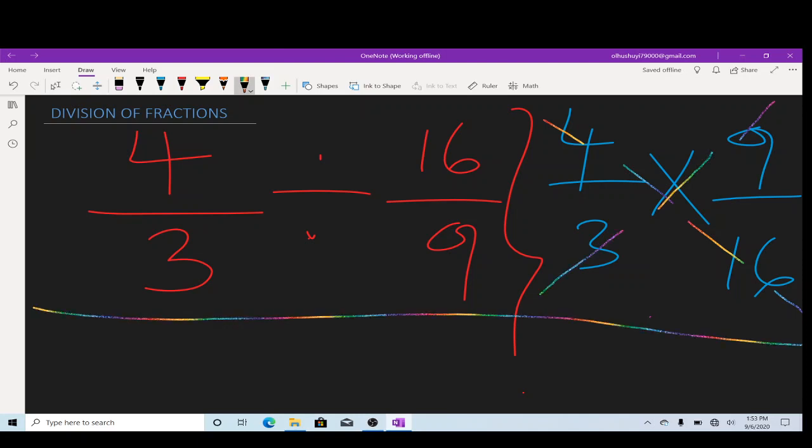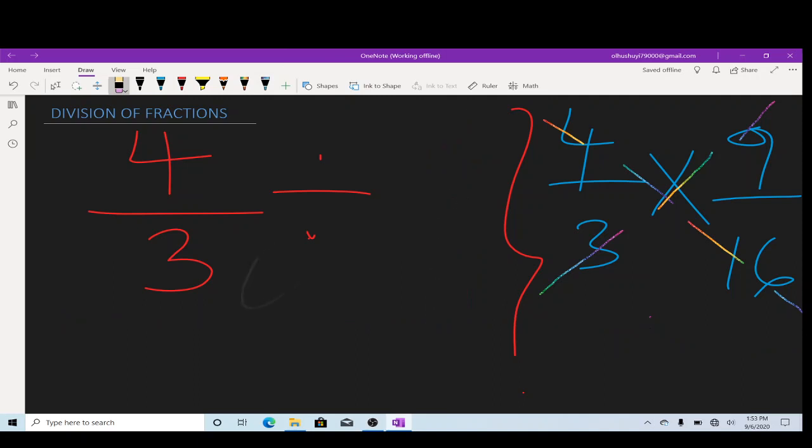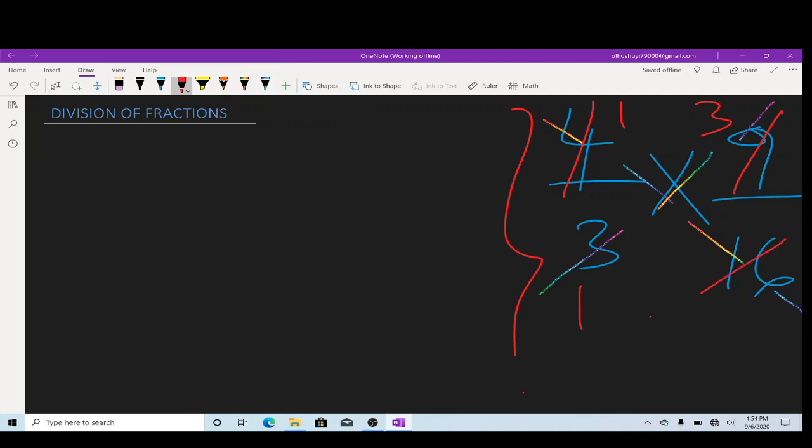Let me clear this place. So what do we have? 3 in 3, 1; 3 in 9, 3; then 4 here, 1; 4 here, we have 4. Can we still cut diagonally? 1 and 3 don't have a common factor except 1.